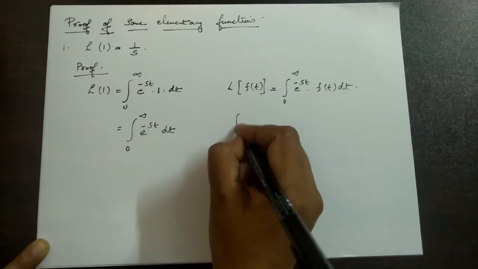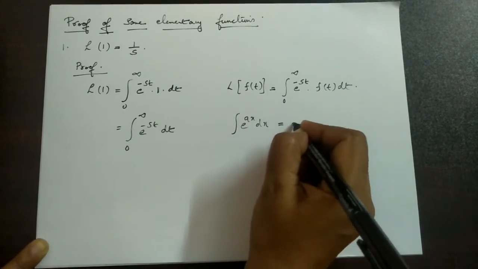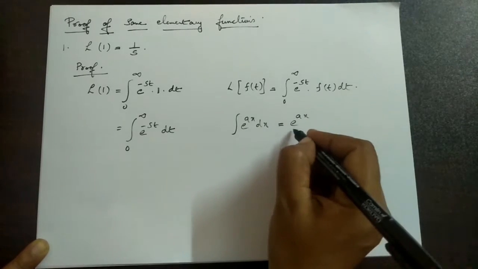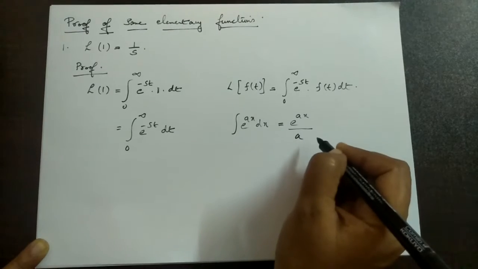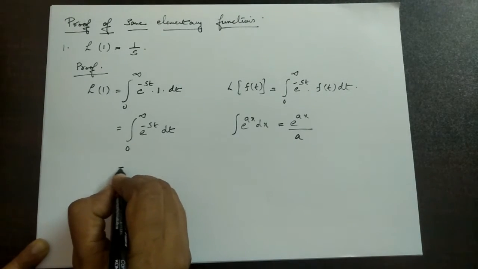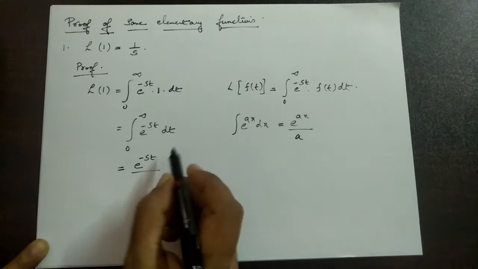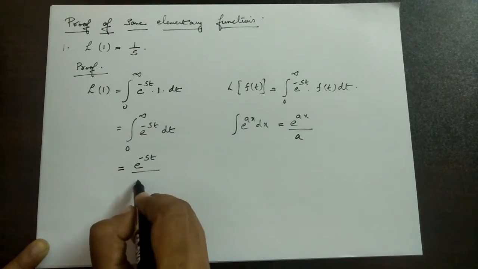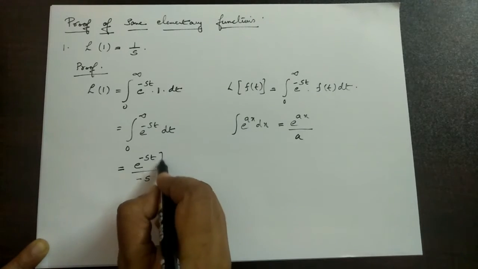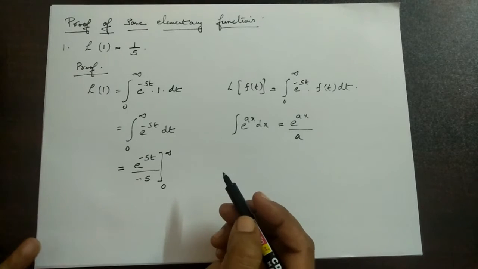We know that integral e raised to ax dx equal to e raised to ax by the derivative of ax, that is a. Therefore, here we can use that property, e raised to minus st by the derivative of minus st with respect to t, that is minus s. Now we are applying the limit which extends from 0 to infinity.